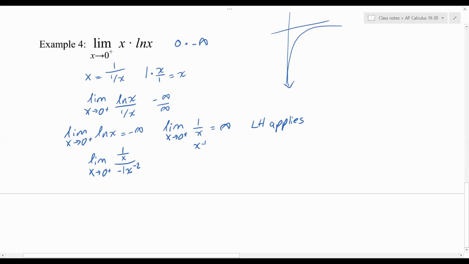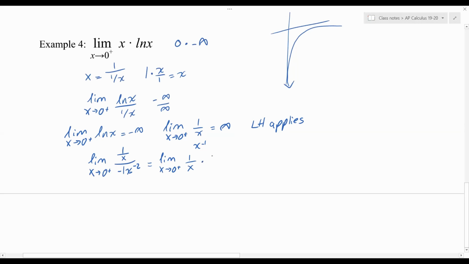Now let's rewrite this because it's confusing even to me. This is the limit as x approaches 0 from the right of 1 over x times, this is negative 1 over x squared.